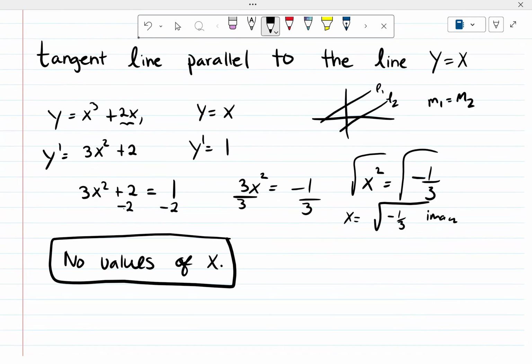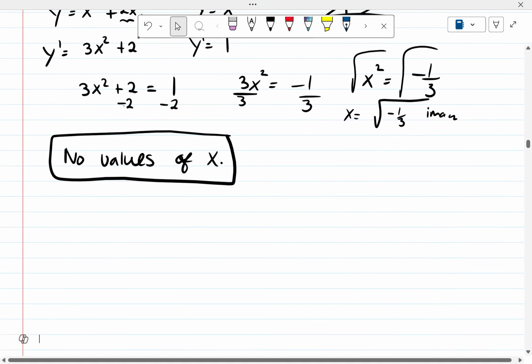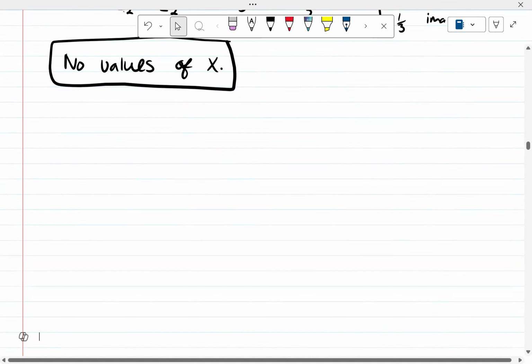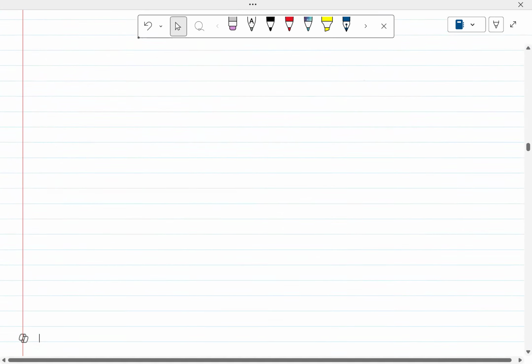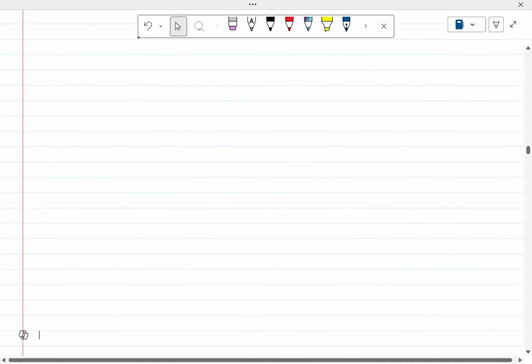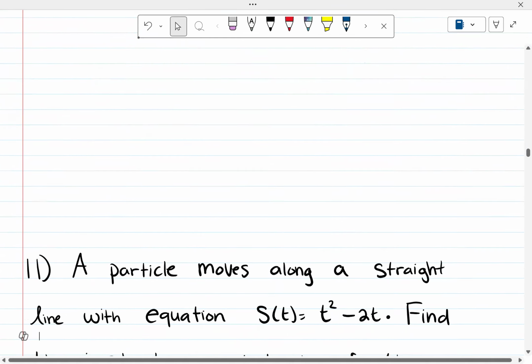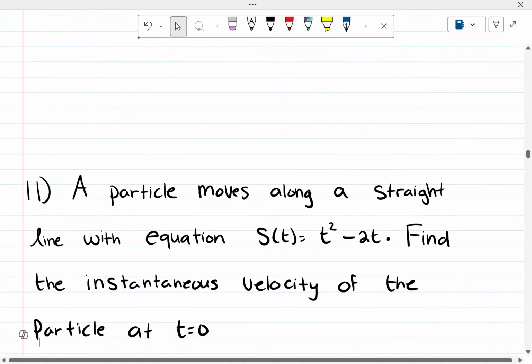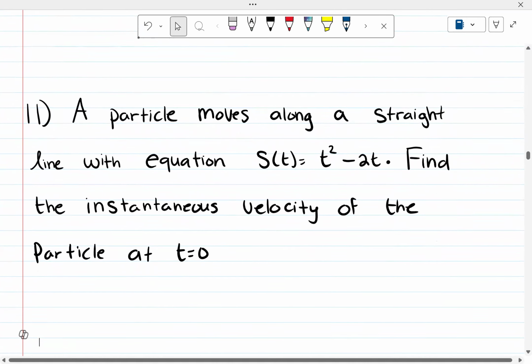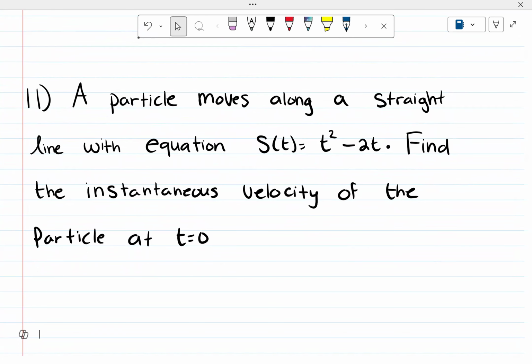Okay, let's continue to question 11. So question 11 says, a particle moves along a straight line with the equation s(t) equals t squared minus 2t.